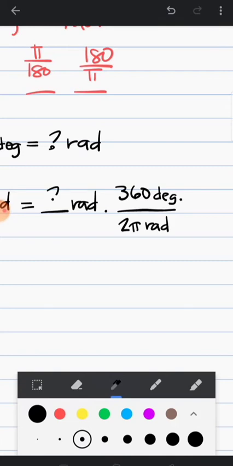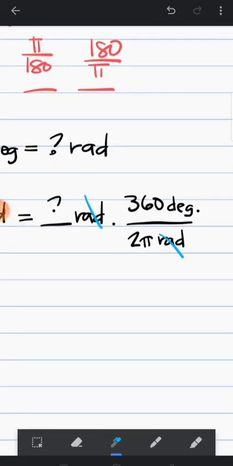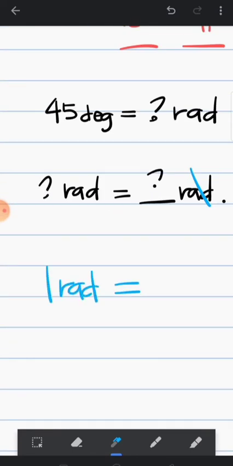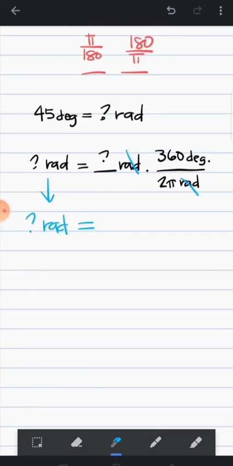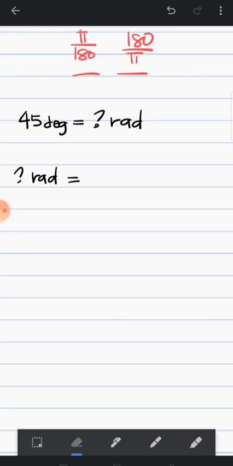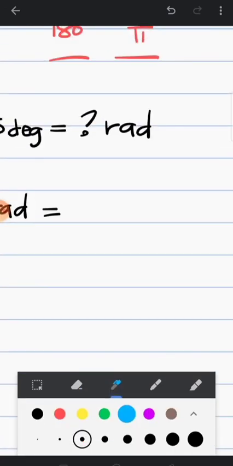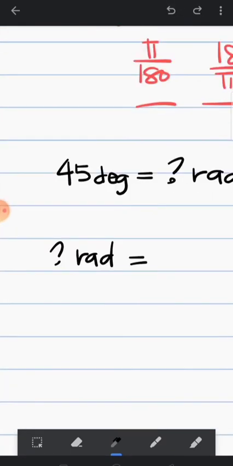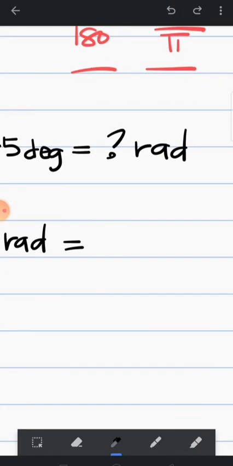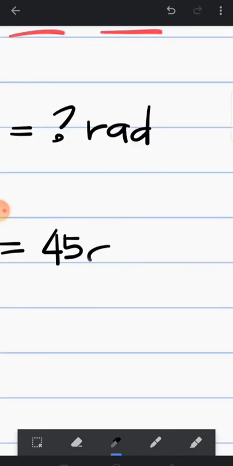I made an error, I'm sorry. This should be 45 here, because that's the given. So you write on the left what they are asking, so how many radians, and then on the right the given, so 45 degrees.